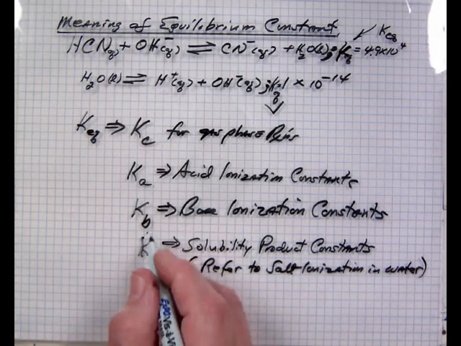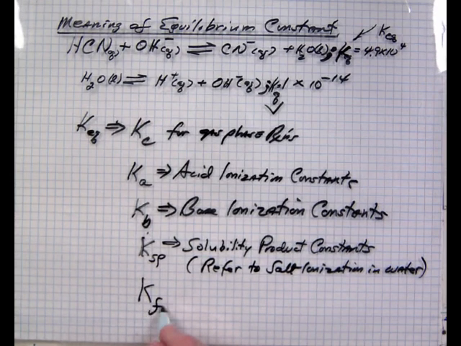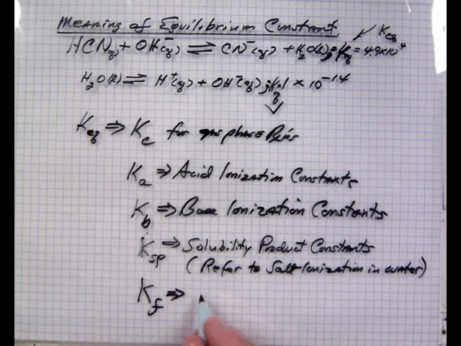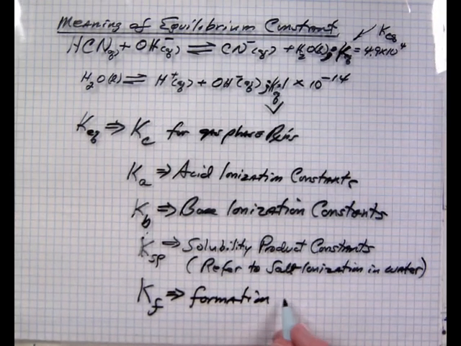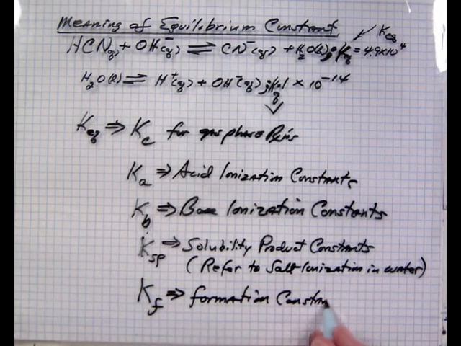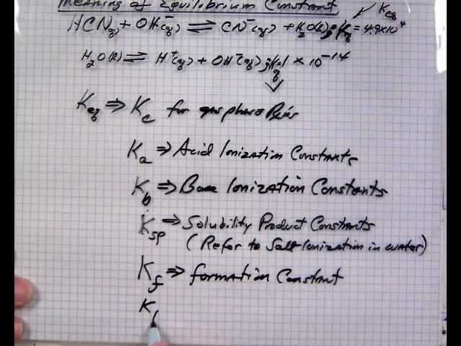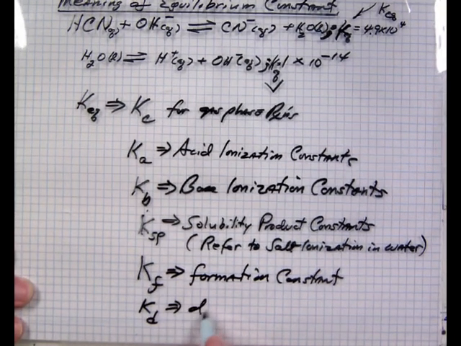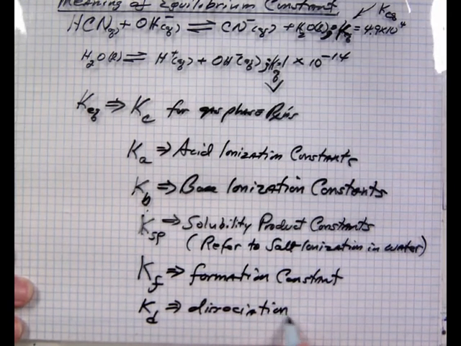Other K values that are used to describe a process or reaction might be a KF, which is called a formation constant, or KD, dissociation constant.